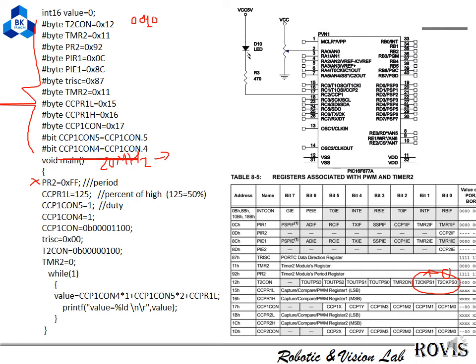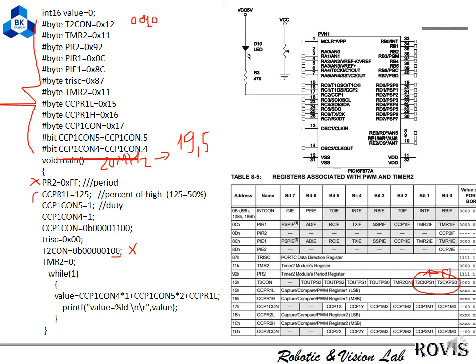According to the description, if we set this bit to 1, oh sorry, the T2CON I set here, so that means 0 0. That means the prescaler will be 1. And the PR2 is 255, the prescaler is 1, so we want to generate about 19.5 kilohertz.